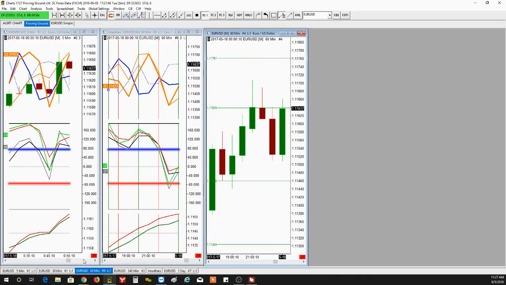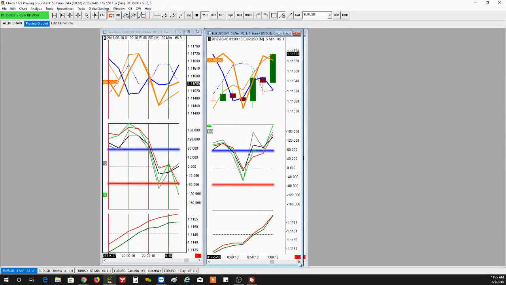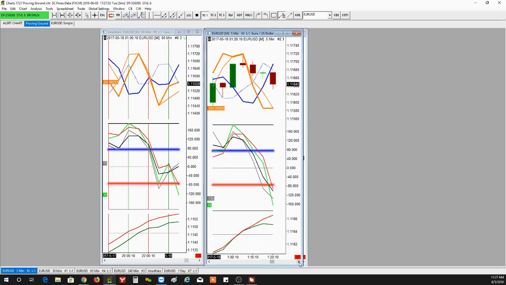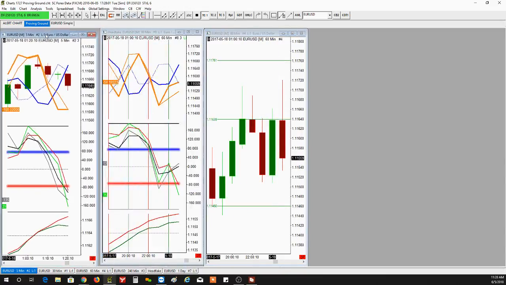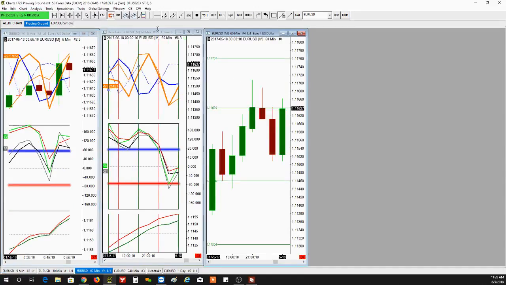So 5-minute, let's look at that one first again. 5, 10, 15, 20, 25. There's the oversell. And then from here, 11645, I think is pretty close to where we started anyways. So 11645 is actually higher than if we just got in to begin with.